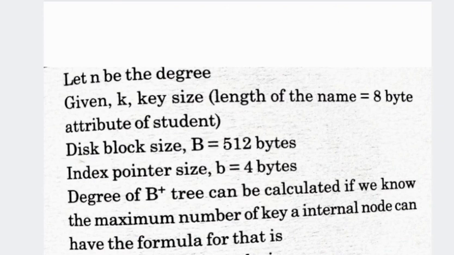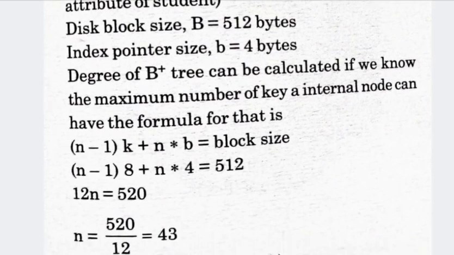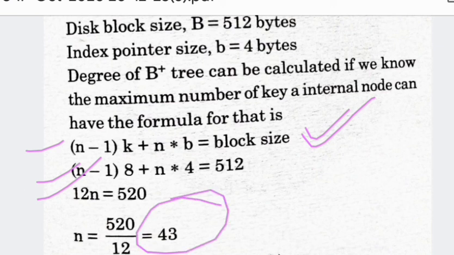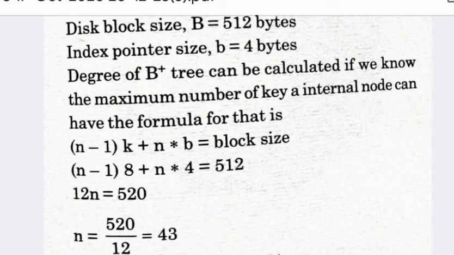The formula is (n minus 1) into k plus n into b is less than or equal to block size. Now just put in the values and we get the value of n, that is 43. So option C is your correct answer. Now come to the next question.